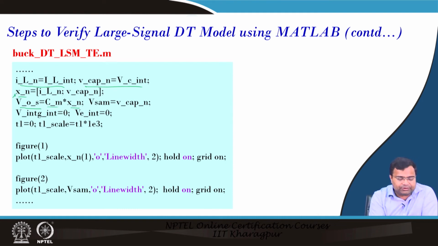So the sample voltage, like V cap, is the initialization of the sample voltage. This is the output sample instantaneous value, and this is the initialization which it can take, V cap dot n. Then we set the integral to 0. Again, the error voltage can also be defined, and so on scaling.